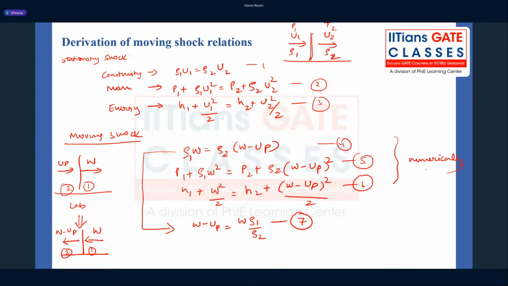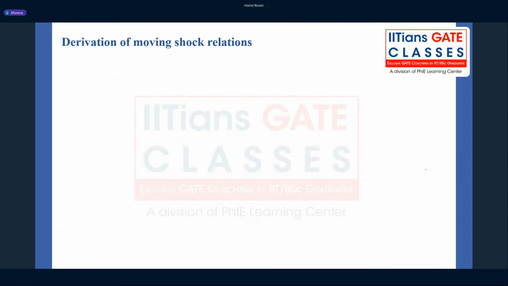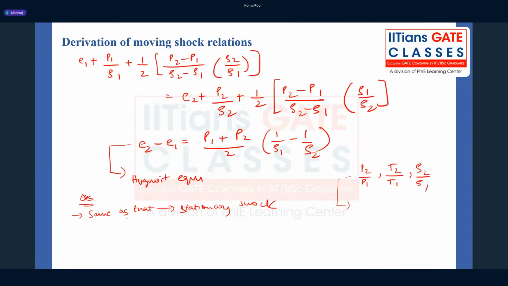But if we assume that it is a calorically perfect gas, then I can substitute E with CV into T, so this will come as a function of CV into T2 minus T1. Using the ideal gas law, P equals rho RT, I can get everything in terms of temperature.